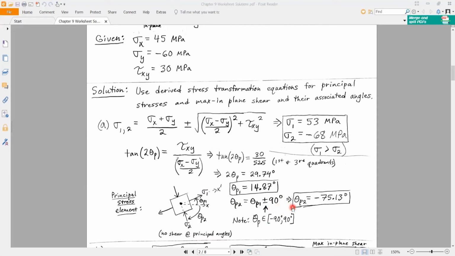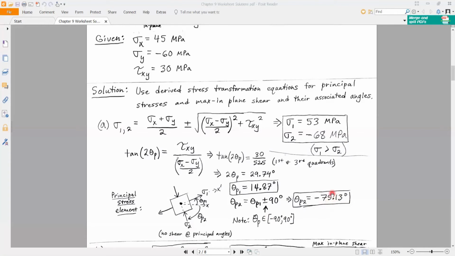We just typically use an angle that's between negative 90 and 90 from there. So we're going to subtract 90, and theta P2 then is negative 75.13 degrees. If you plug this value into your stress transformation equation for sigma x prime, you'll get negative 68 megapascals. So you can always check these answers against each other.